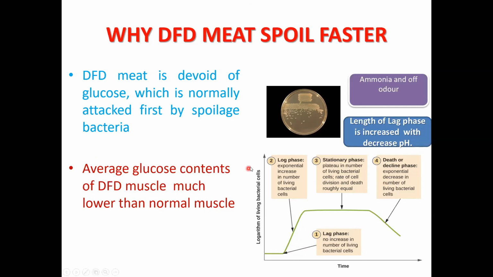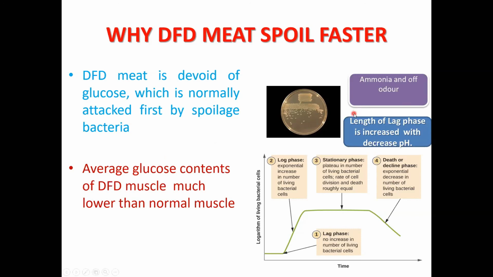So I'll repeat once again, in the DFT meat, the glycogen content is less. The spoilage bacteria first attack the carbohydrate source. If sufficient carbohydrate source is not available, they will act on the amino acids of the protein, and when they do, they can produce ammonia and off odors.